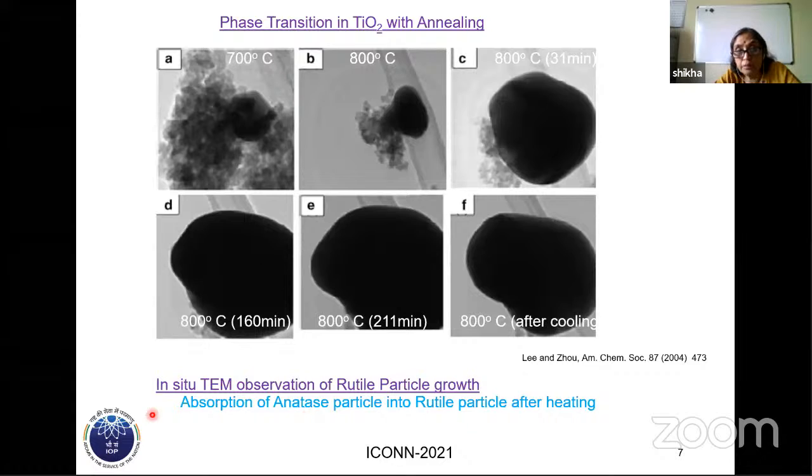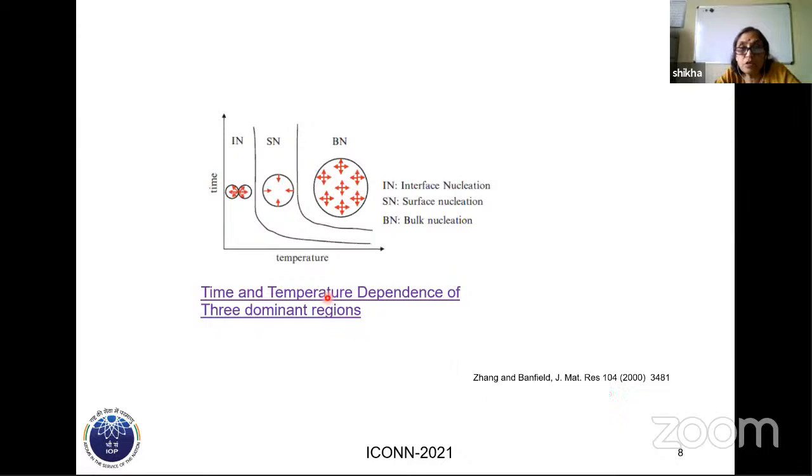These are the TEM images. Absorption of the anatase particle into rutile is seen after heating. The development of rutile from anatase can happen at the interface, from the surface, or in the bulk. So this is basically a time and temperature curve for the three dominant regions of how the phase transformation occurs.